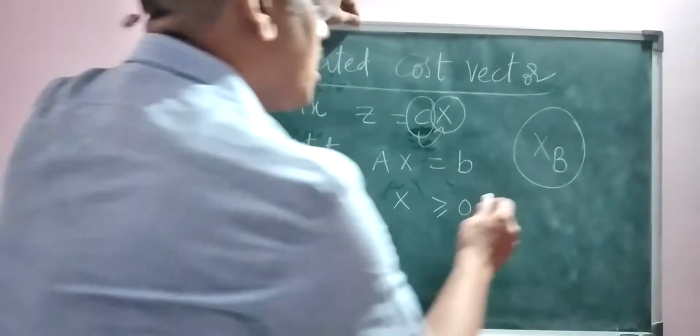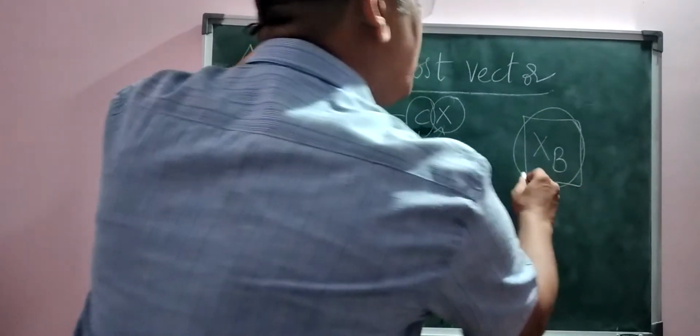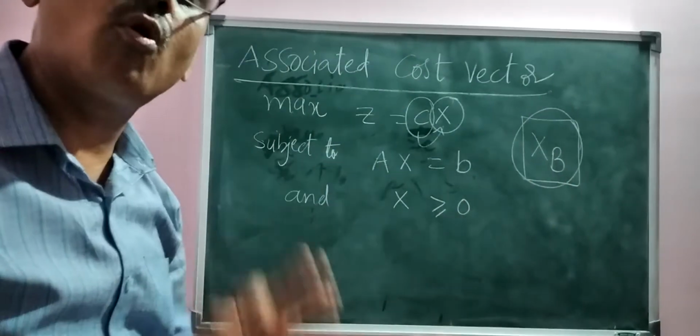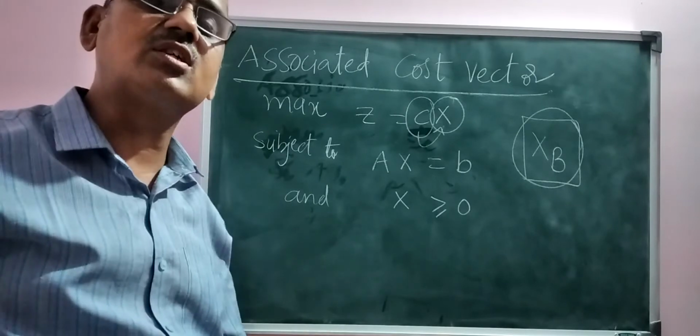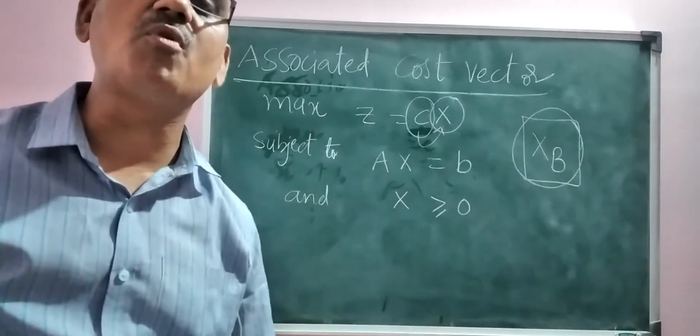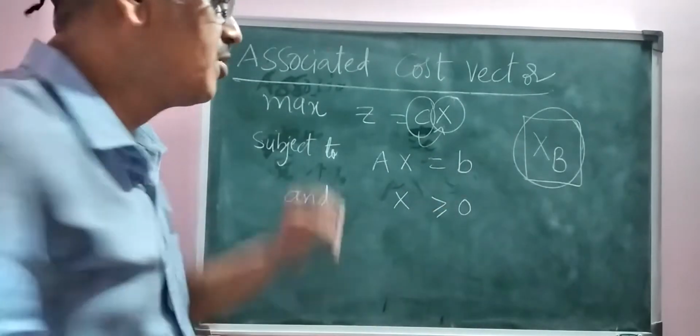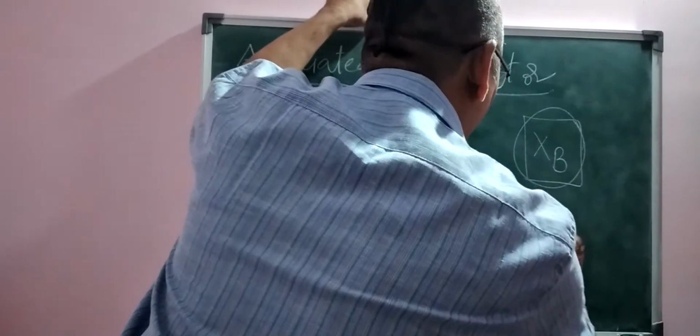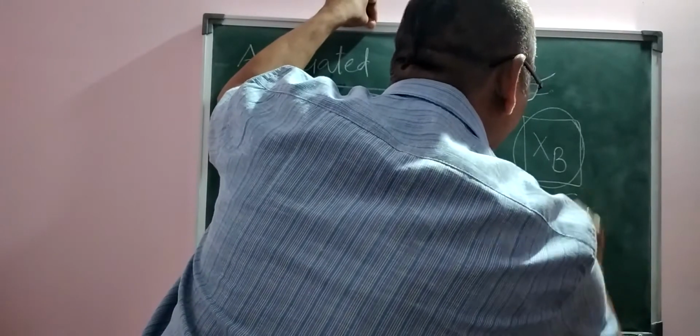So xb is the vector which consists of only the basic variables. For example, x3, x4 are there in xb. So I write here xb is equal to x3 and x4.